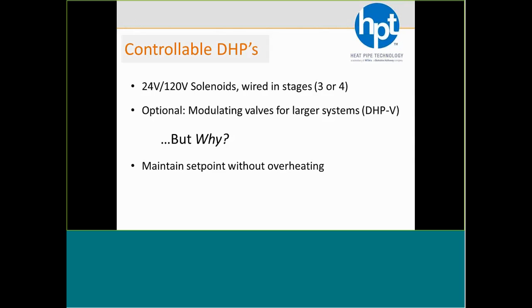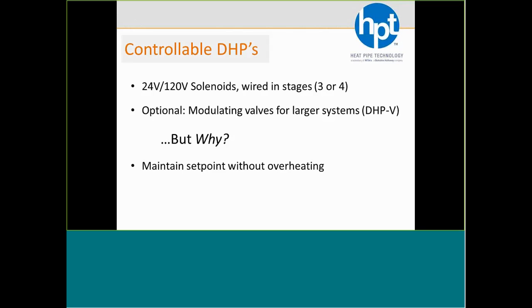If you're not controlling the heat pipe and it's simply driven by delta T, then if the cooling coil is supplying the same temperature off the coil all the time, but the entering air gets warmer and warmer, that means the delta T is getting bigger, and we're recovering more heat and therefore providing more reheat. And you might come to a point where you don't want all that reheat.